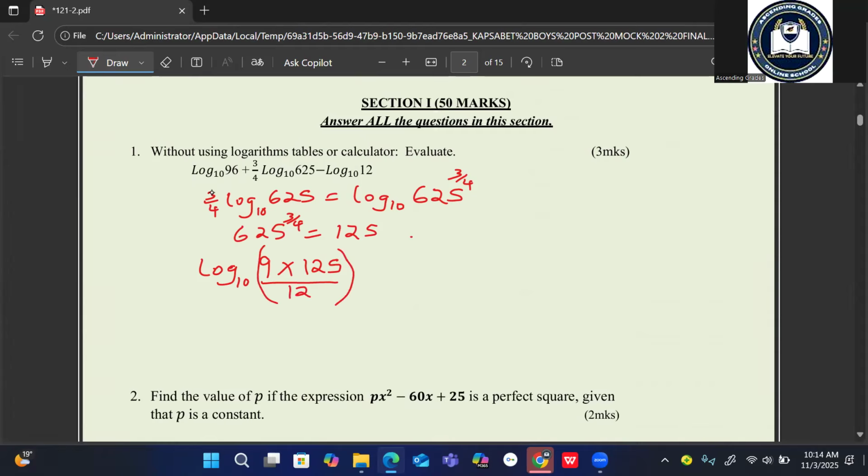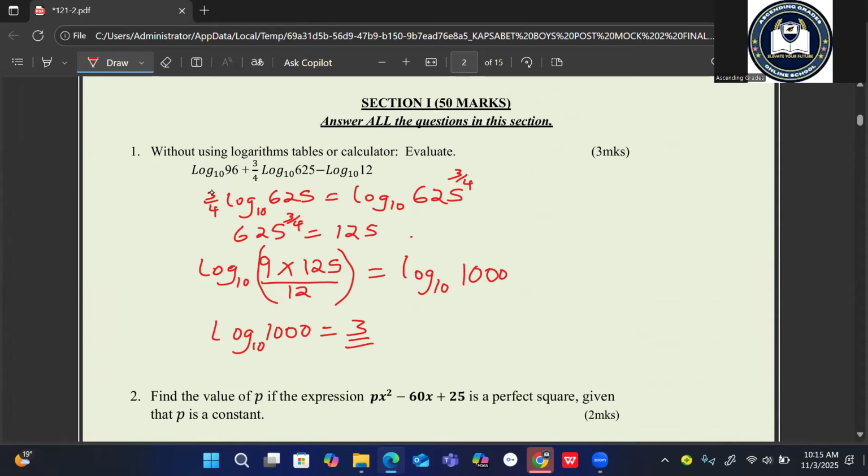So upon doing that one gives us log, then 96 times 125 divided by 12 will give us 1000. Therefore log 1000 to base 10 is the same as 3. So therefore our answer is 3. So that is your 3 marks, very simple and easy to calculate.